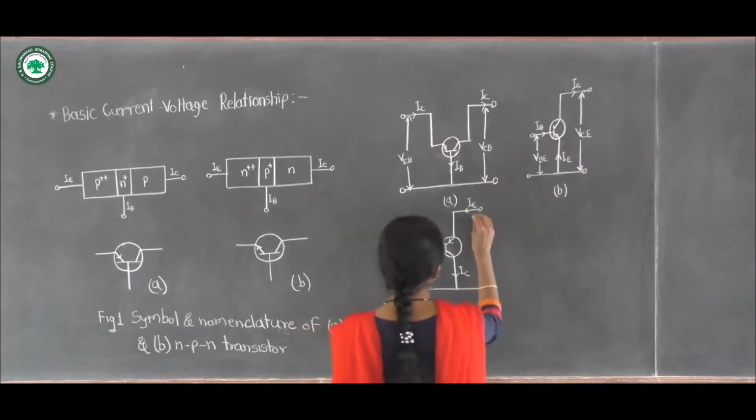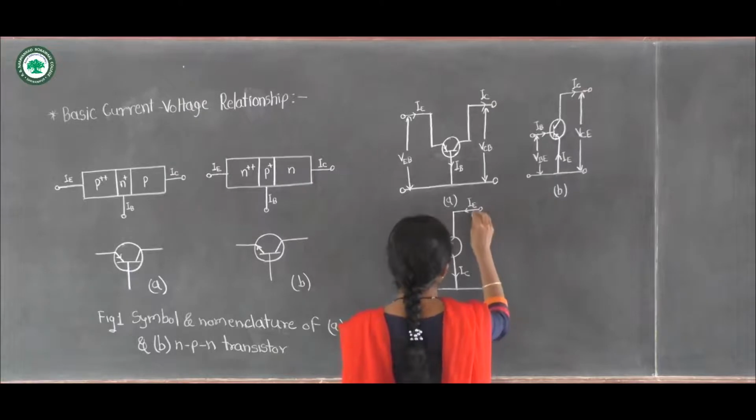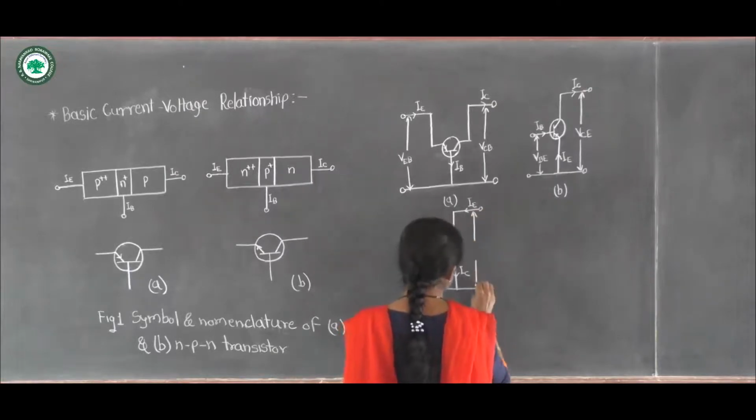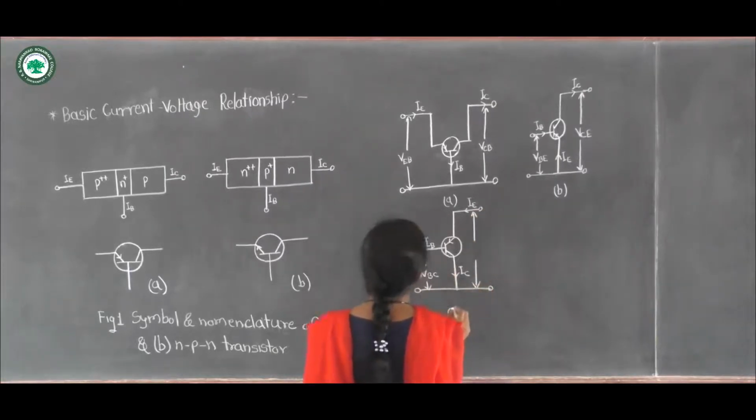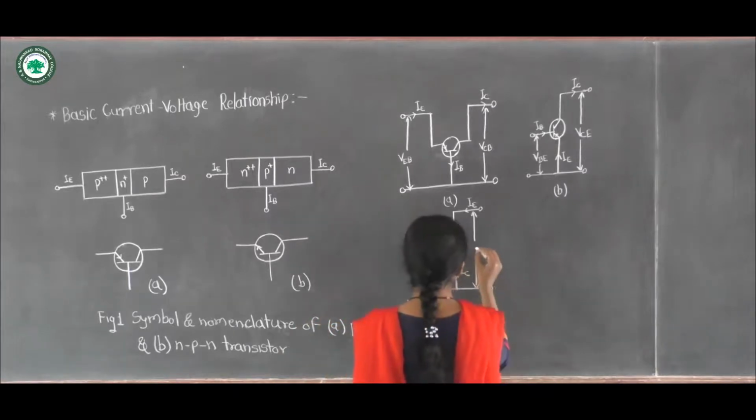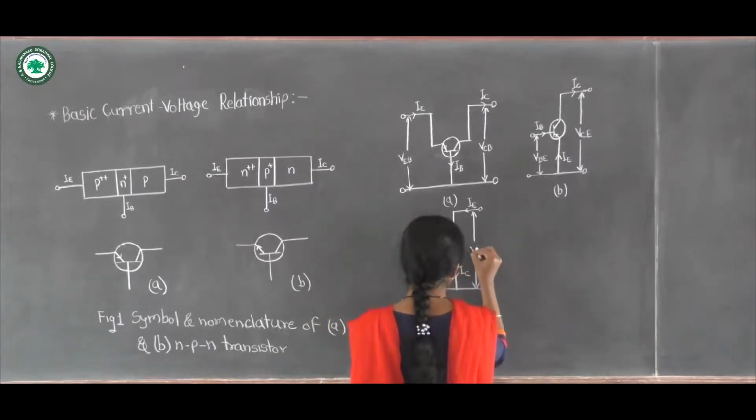And the potential difference between emitter terminal and collector terminal is given by VEC.